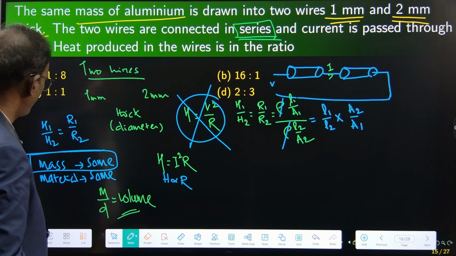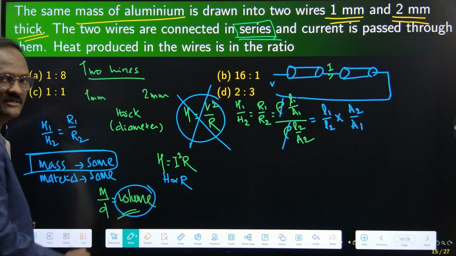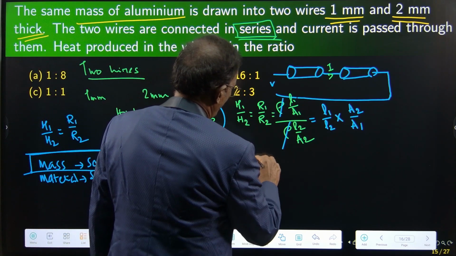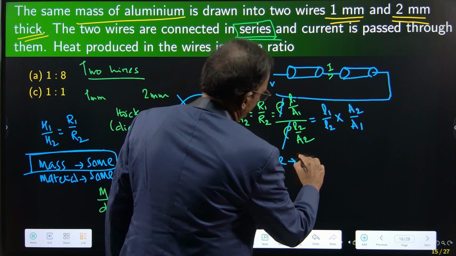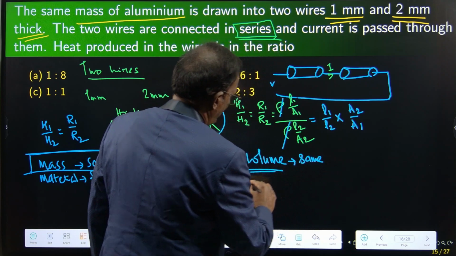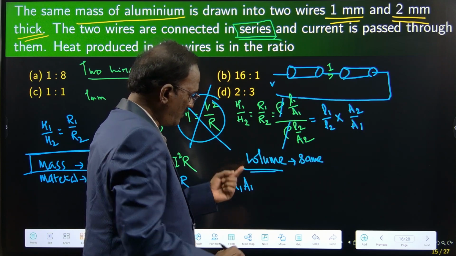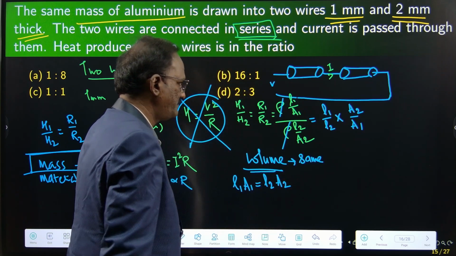Since mass is the same and material is the same, we find the volume is the same. For the same volume we write L1 A1 is equal to L2 A2.